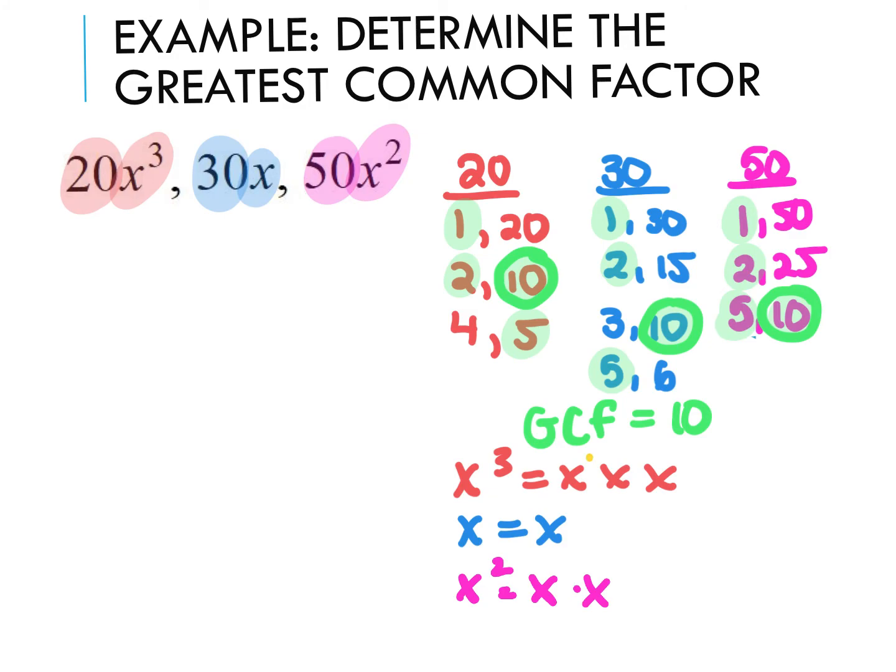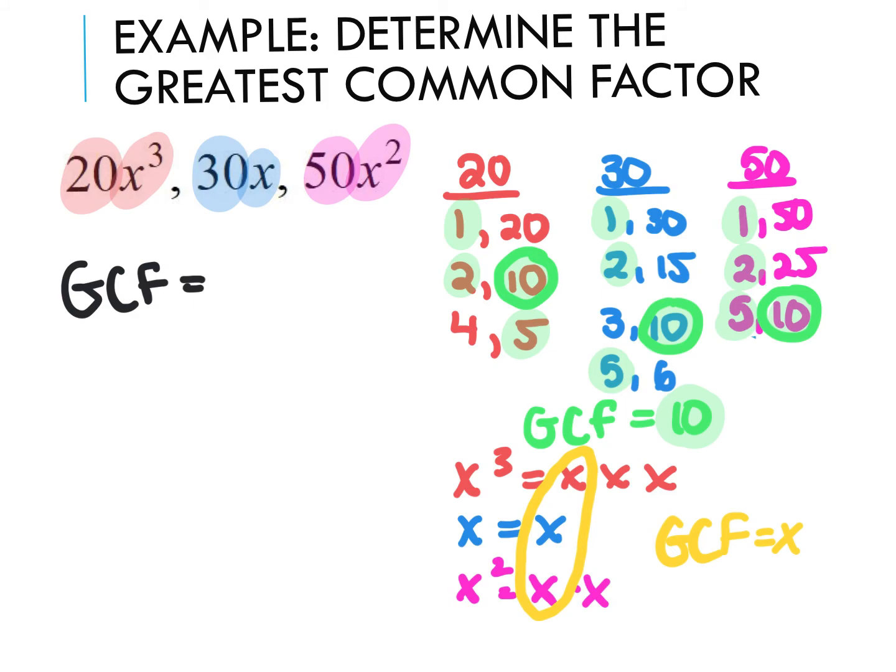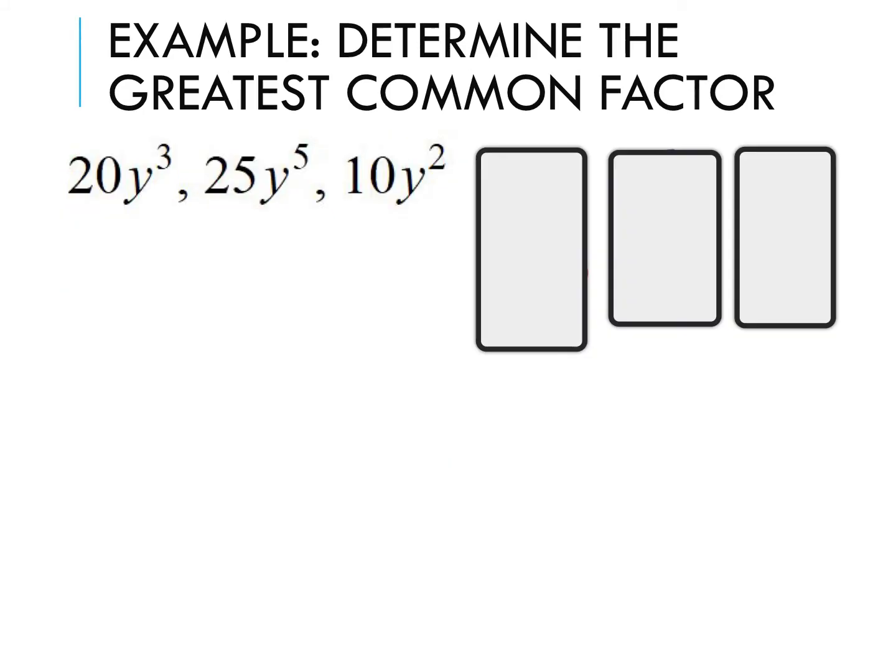Now, if I look, the only thing that's in common in all of them is this single x. So this means our greatest common factor is x. So now when I put this all together to write my greatest common factor, the greatest common factor of the numbers is 10 times the greatest common factor of the variables is x. So my greatest common factor is 10x.